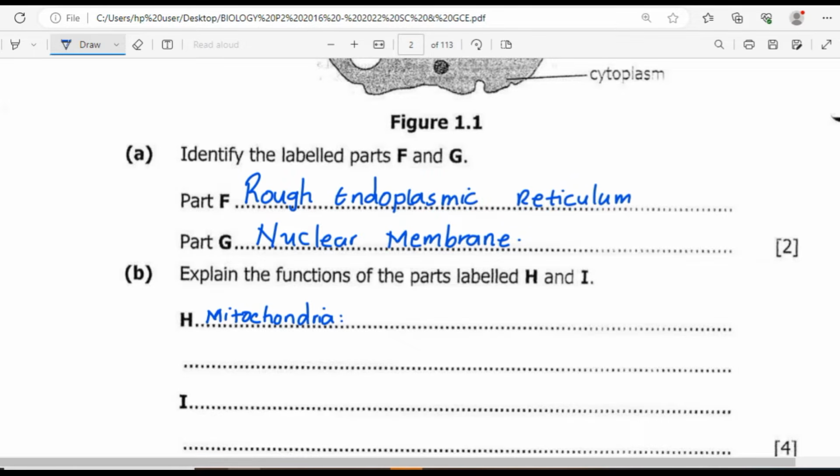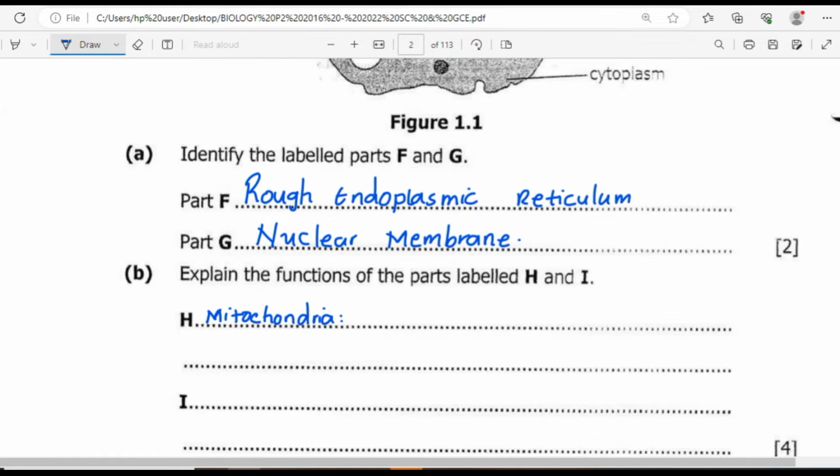You can give mitochondria as the site where respiration occurs, or the site where energy is produced. The key point here is that mitochondria is responsible for producing the energy needed by the cell. That energy needed for the work that should be done by the cell is produced by this mitochondria.